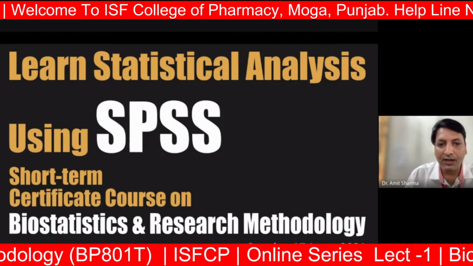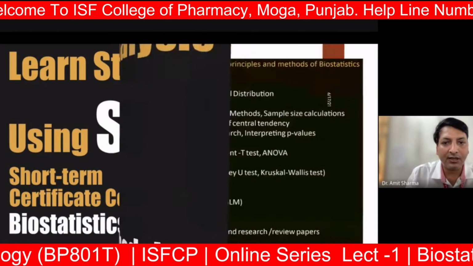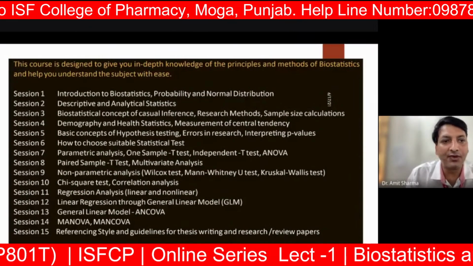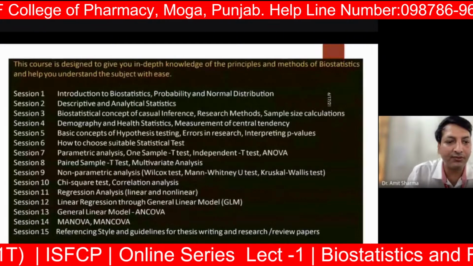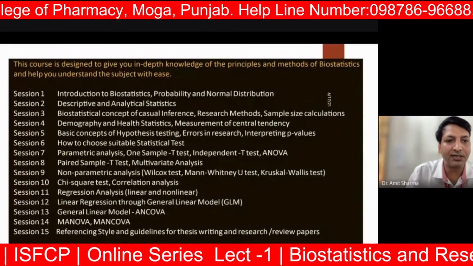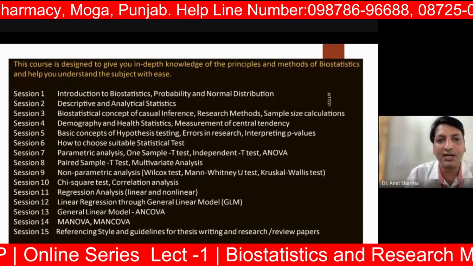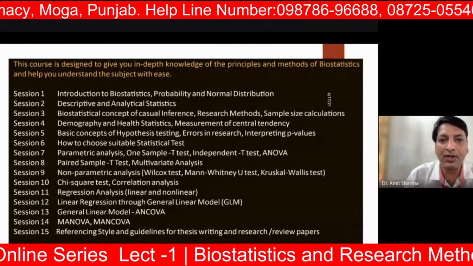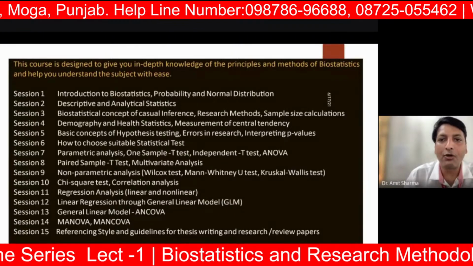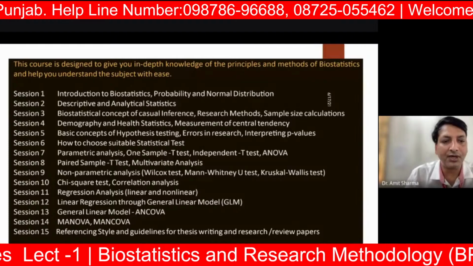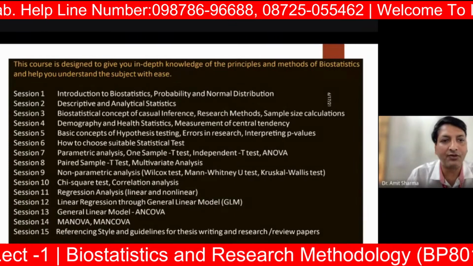So without any delay, I'll take the first part. This is the overall schedule of the course. We have divided the whole course into 15 different sessions. The first session contains the introduction of biostatistics. We are going to discuss probability and the normality distribution with the help of SPSS, and we are also going to cover the significance and the assumptions of the test.